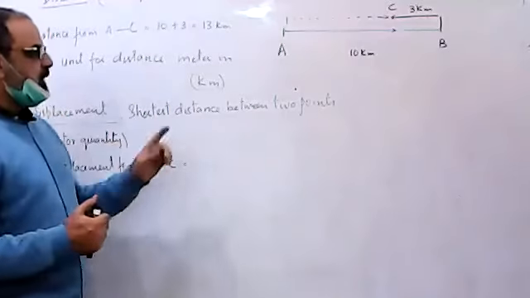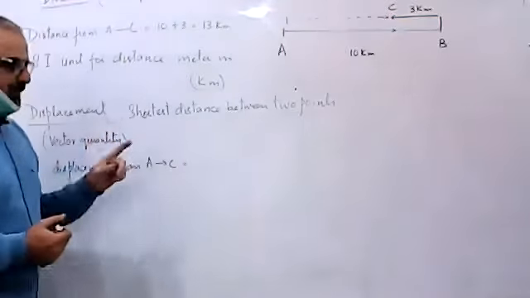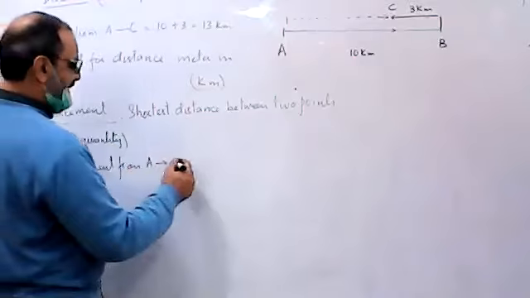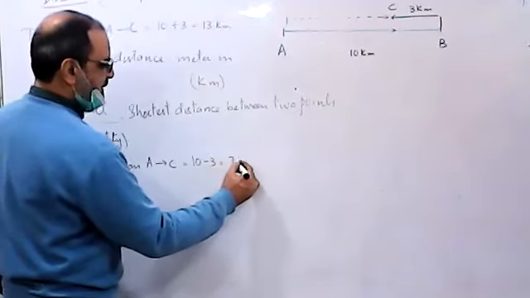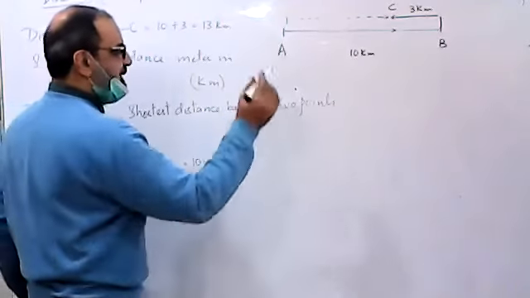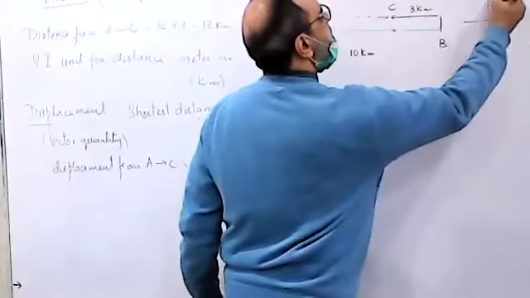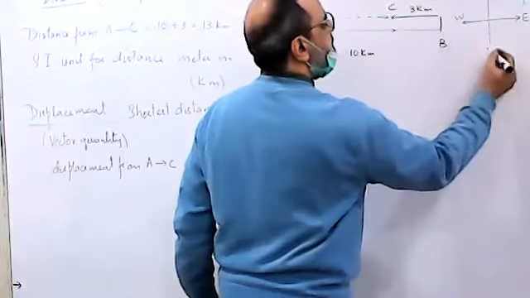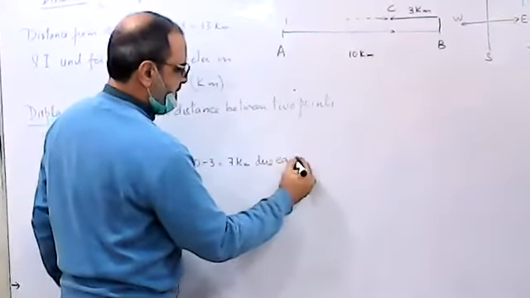So when we say A to C, it means you're traveling from A to C directly, because it's a shorter distance from A to C. So now this displacement will be 10 minus 3. It is 7 kilometer. And it has a direction as well. If we mention the directions, it will be due east.